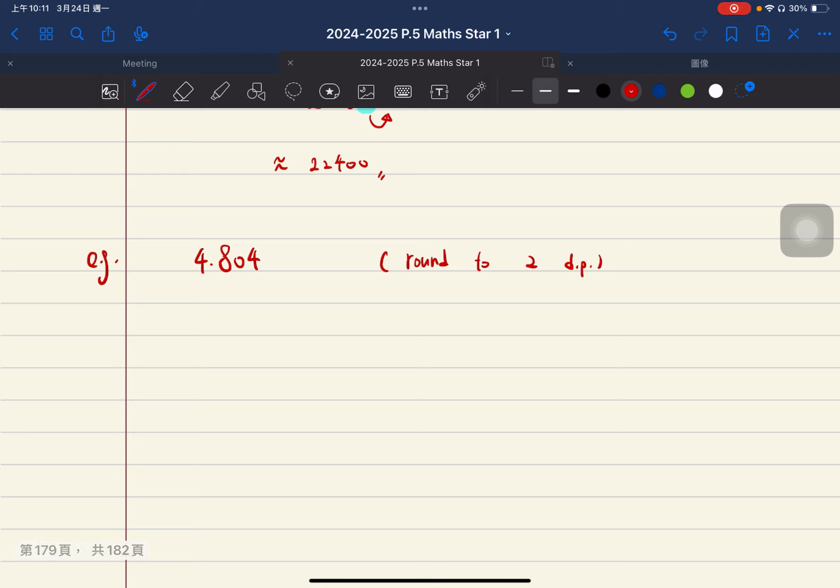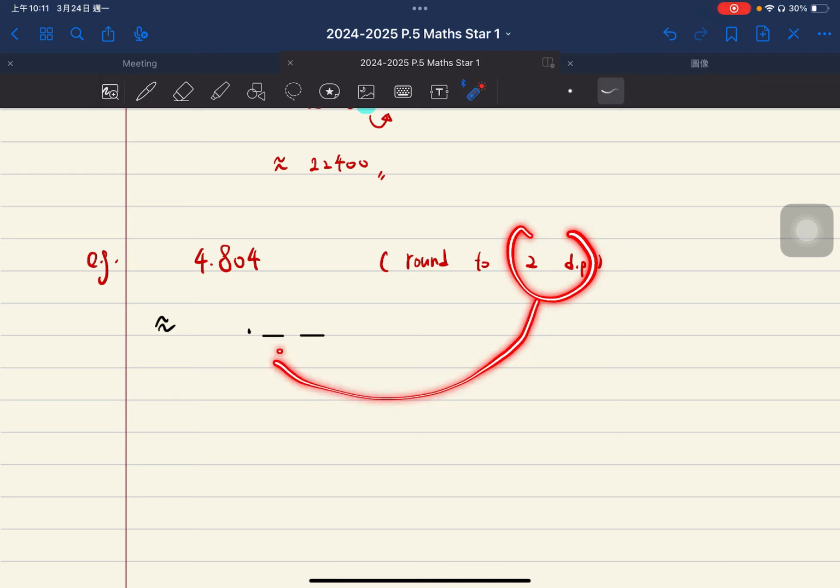Bear in mind, when the question asks you to give two decimal places, you must give two decimal places. So if you are struggling, you may first write approximately equal to, put a decimal point, and then make sure you give two digits after the decimal point, because what we need is two decimal places.